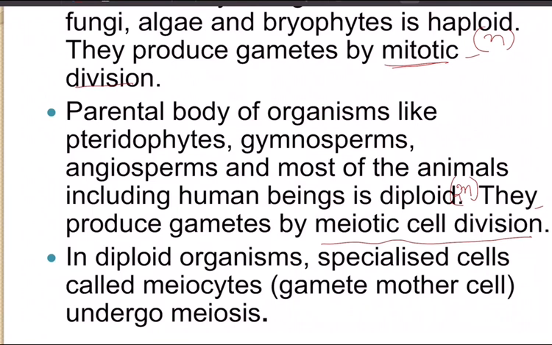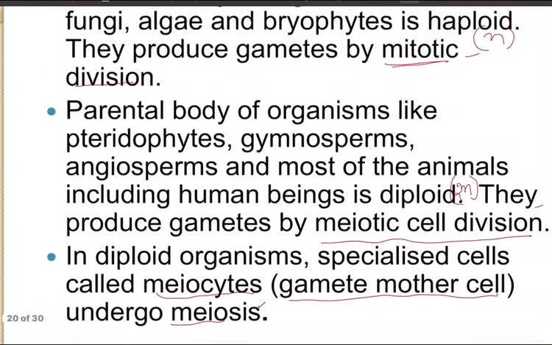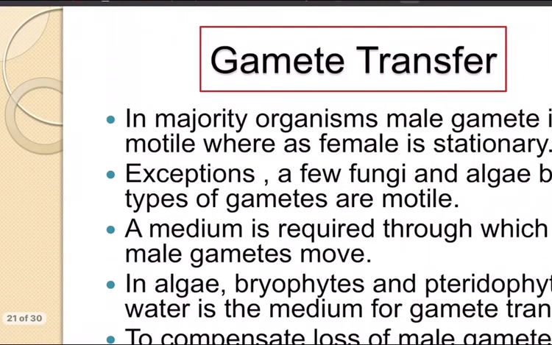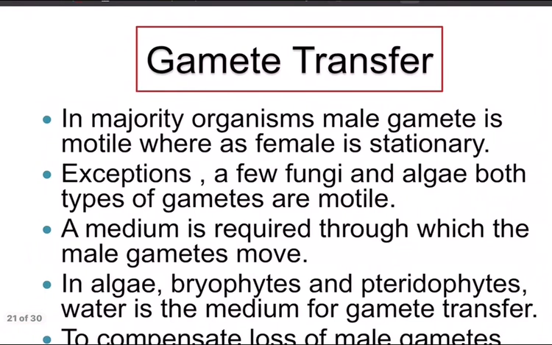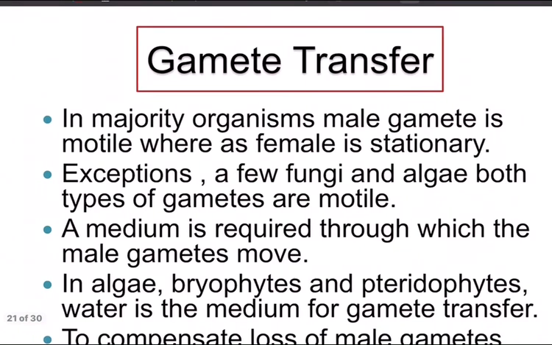In diploid organisms, specialized cells called meiocytes, that is gamete mother cells, MMC, like megaspore mother cell and microspore mother cell, we use this terminology, undergo meiosis. Once the gametes are formed, they have to be transferred. The male gamete normally has to travel to reach the female gamete so that fertilization takes place.